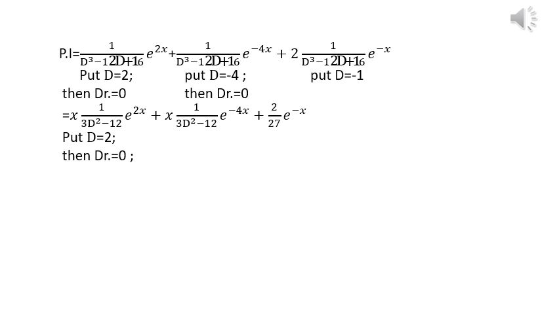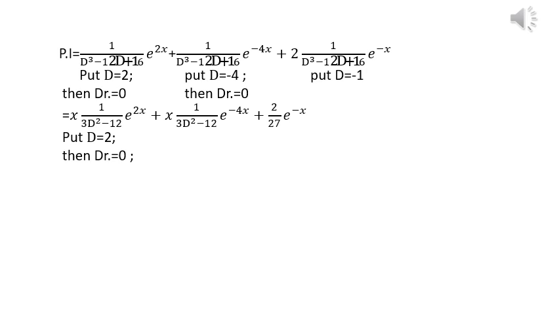Remember, this must be written on the right side of 1 over d cube minus 12d plus 16, not on the left hand side. Then using the a plus b whole square formula, what is that? a square plus b square plus 2ab. Write the three terms.